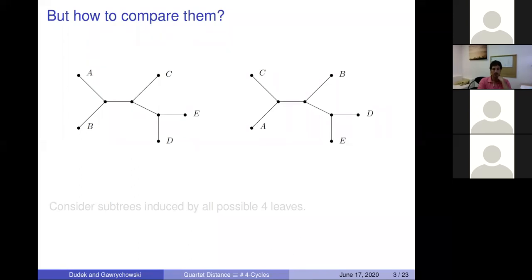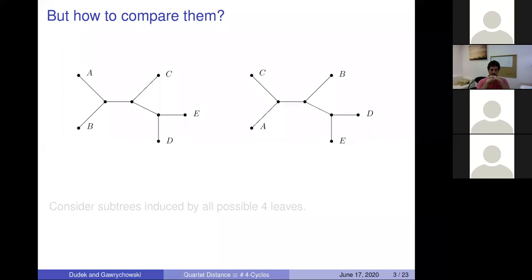There are 3 possible shapes, and you count how many such triples are the same in both trees. That's the measure for rooted phylogenetic trees. And this is a good measure because one reason that I'm aware of is that if you give me all triples in a tree, so for every possible triple you tell me what's the shape, I can actually recover the tree. So they fully define the tree.